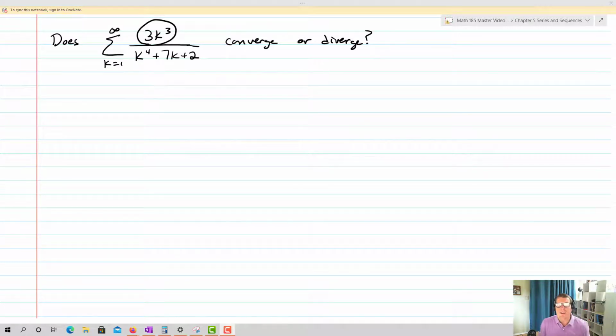Now, I'm going to just use a little thumbnail sketch, and this is not exactly how things go, but it at least gives me my intuition as to why I should think that maybe this particular series is going to diverge rather than converge. What I want to notice is that I've got k cubed on the top, and on the bottom, I've got some kind of k to the fourth.